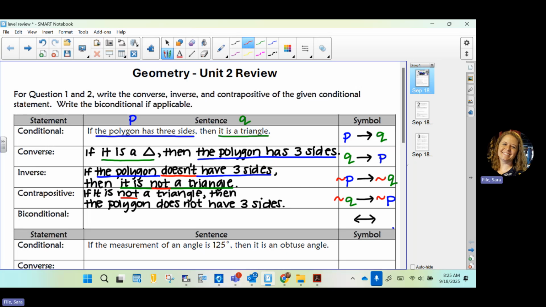So we got our nots in there. And we did the Q first, so it is not a triangle. And then we did the not P. The polygon does not have 3 sides.